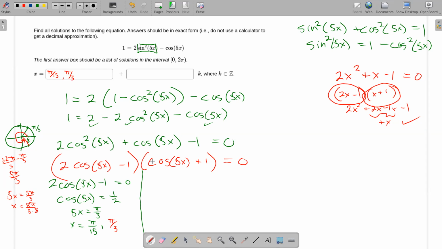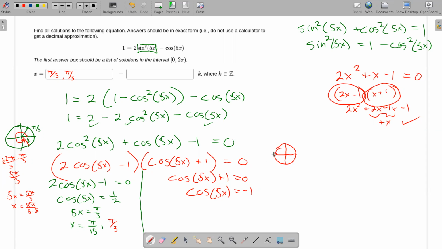Let's see what this one tells us. Solving this one would be cosine of 5x plus 1 equals 0. Subtract the 1: cosine of 5x equals -1. All right, before I get rid of the 5x, let's think about the unit circle. When is x equal to -1?